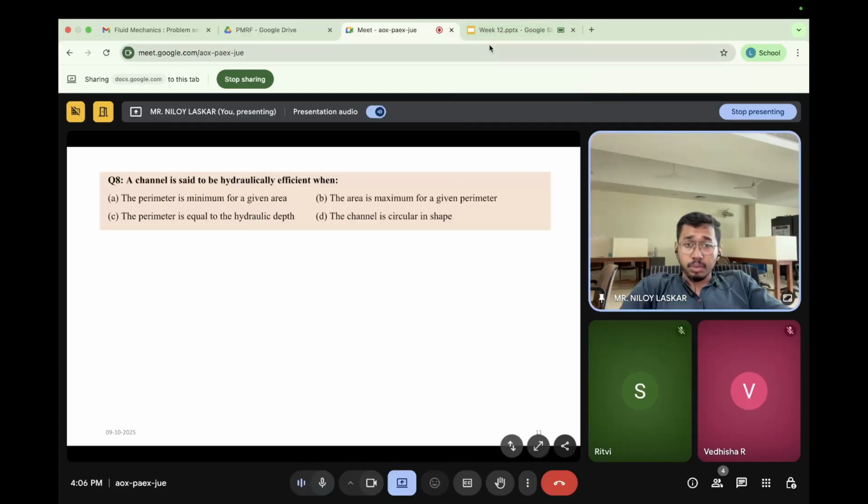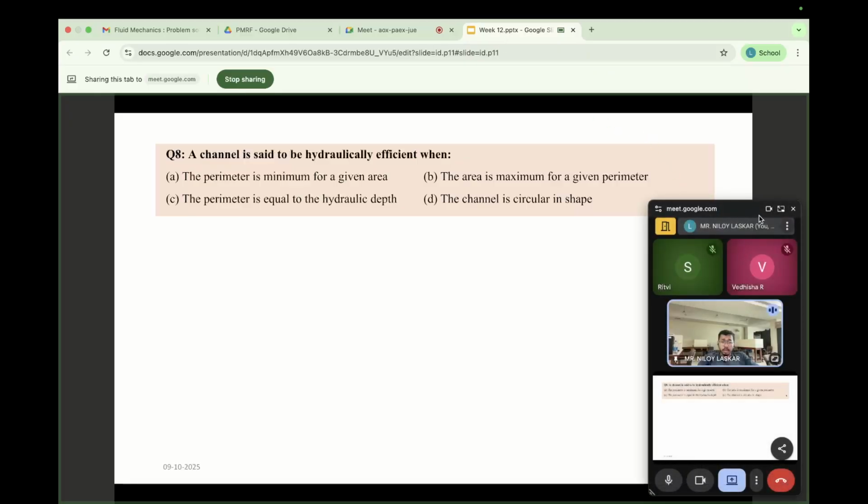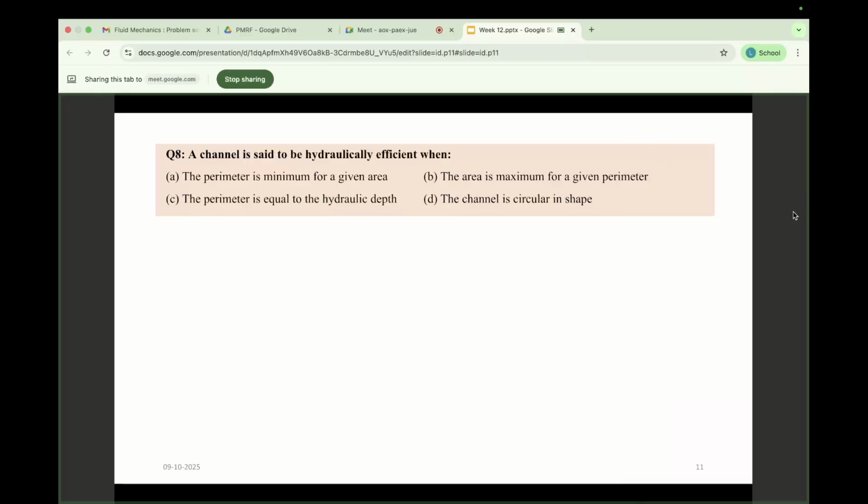Okay, so I am solving this. I hope that you don't have an idea about this question, so it's not an issue. I will help you in solving this question. So basically, what does this hydraulic efficiency mean? Hydraulic efficiency means how efficiently a channel flows with minimum friction.